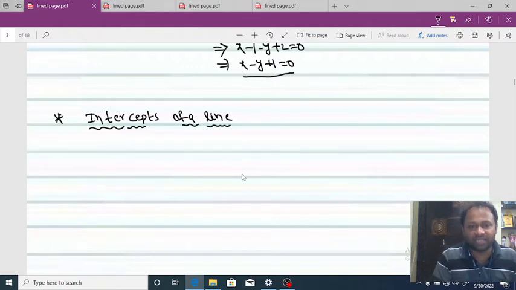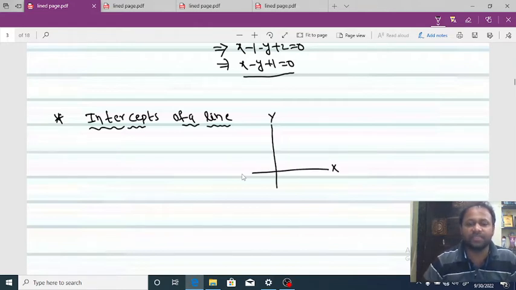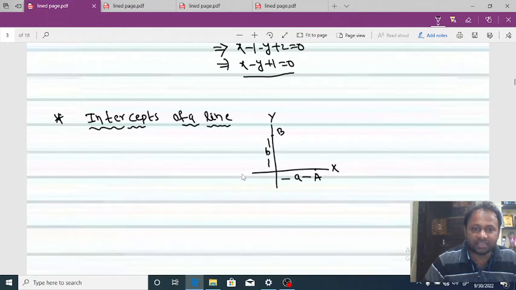I will take the coordinate axes like this, x-axis as well as y-axis. Suppose one point A is on the x-axis at a distance of a units, and I take one point B on the y-axis at a distance of b units. Then I join these and we get a straight line AB.